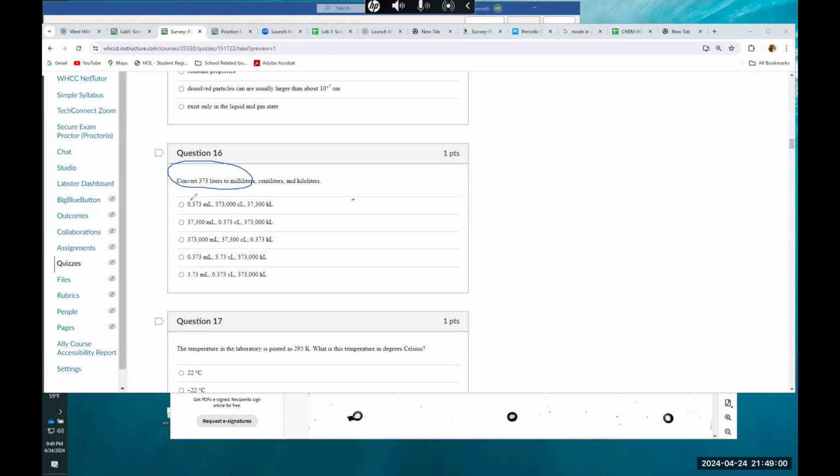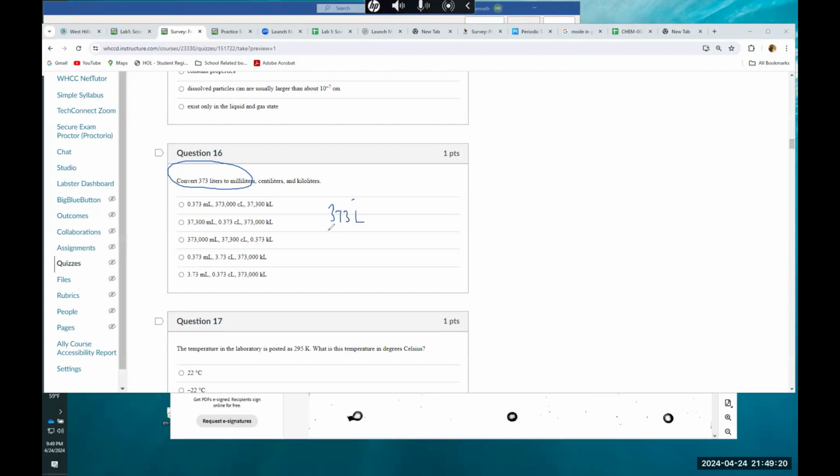The centis are all different, aren't they? Centiliters. So I'd solve for the centiliters because then I know which one's the correct one and I don't have to do all the calculations. So then I have 373 liters.